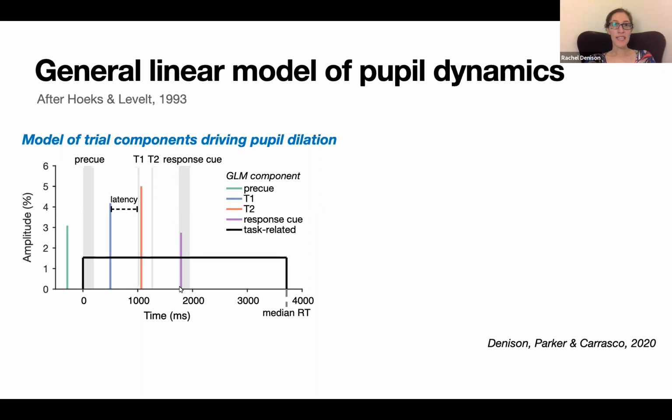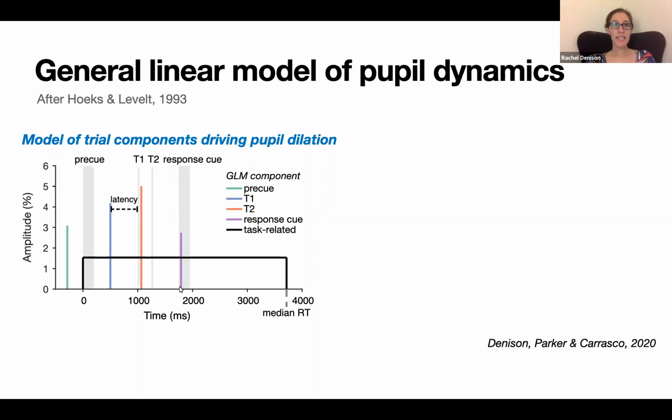So the timing of this sustained task-related component is fixed, but the amplitude can vary. And so this part of the model, that I'm showing here, reflects all the perceptual as well as cognitive events that we hypothesize are driving the pupil to dilate.